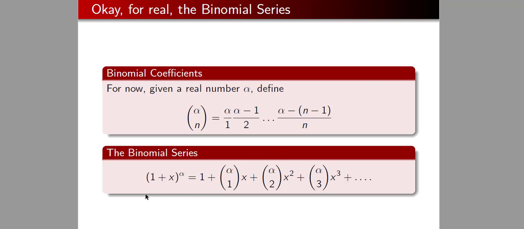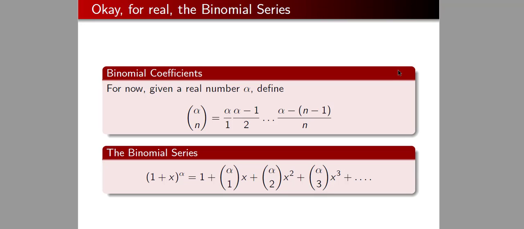And then the binomial series is equal to 1 plus x to the alpha power, which is 1 plus alpha choose 1 times x plus alpha choose 2 times x squared plus alpha choose 3 times x cubed, and so on forever. Okay, that's the binomial series.